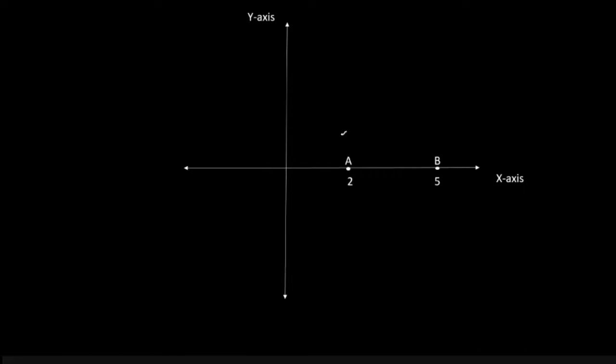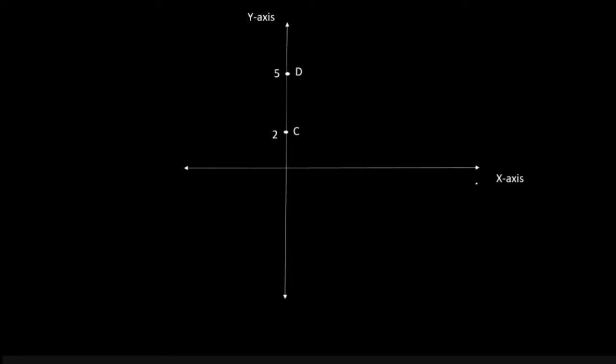So the coordinates of this point are 2, 0 and the coordinates of point B are 5, 0. Now to find the distance between A and B, it is a simple way: the distance AB is 5 minus 2 equals 3.